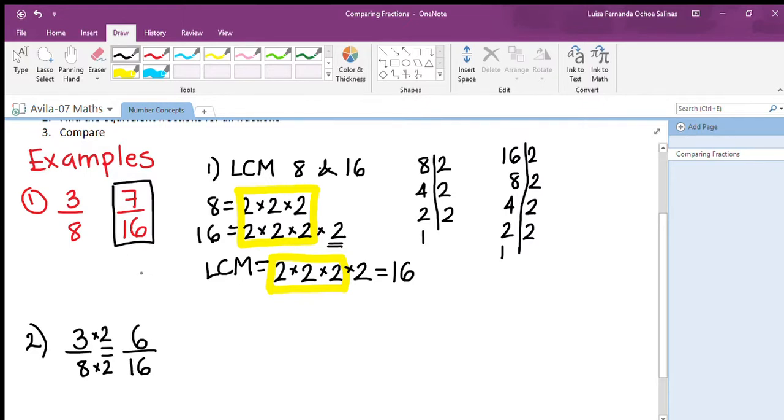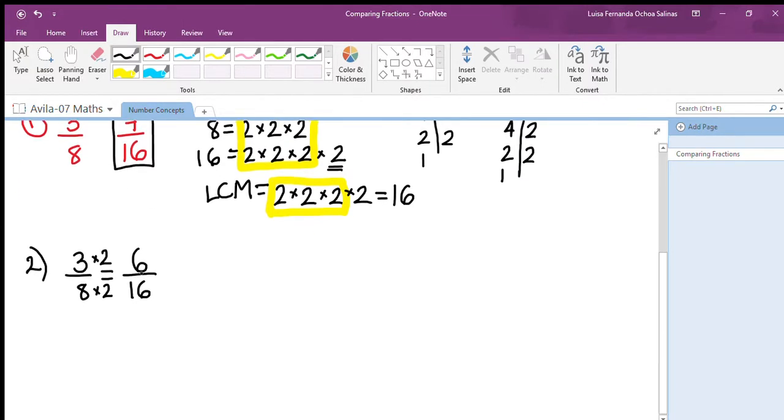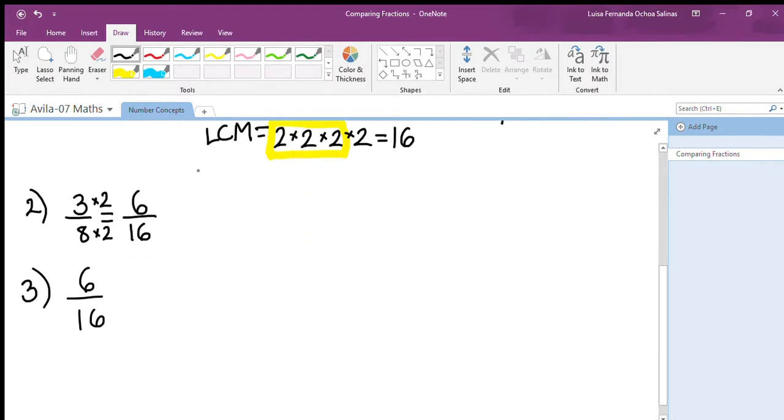So now we only have to do step 3, which is to compare the two fractions. The first fraction is 6/16, and the second fraction is 7/16. Therefore, this one is greater.